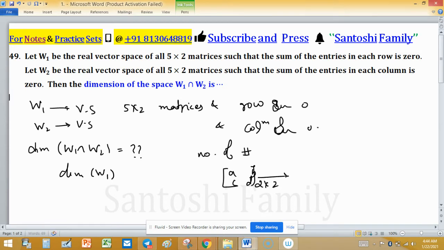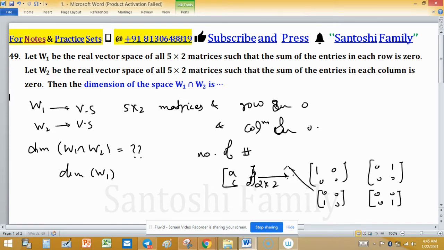Then its basis: make the first entry 1 and the others 0, then in place of B make 1 and the others 0, in place of C make 1 and the others 0, and in place of D make 1 and the others 0. These are the elements in the basis.